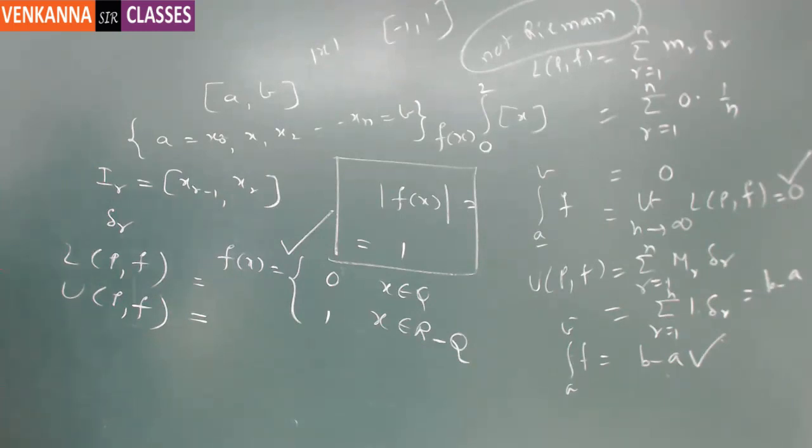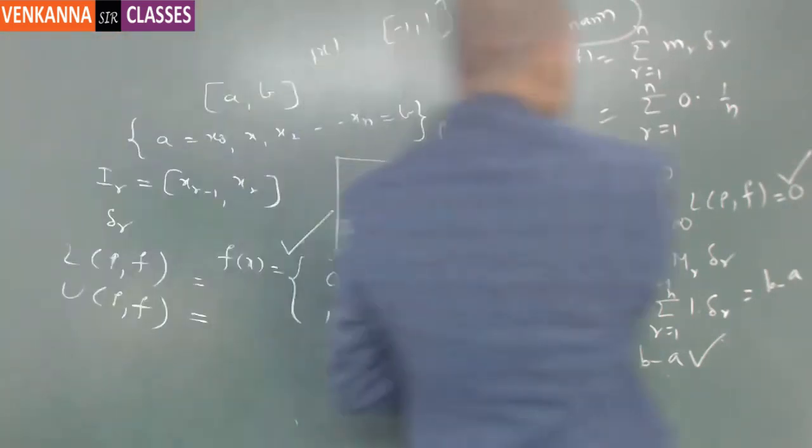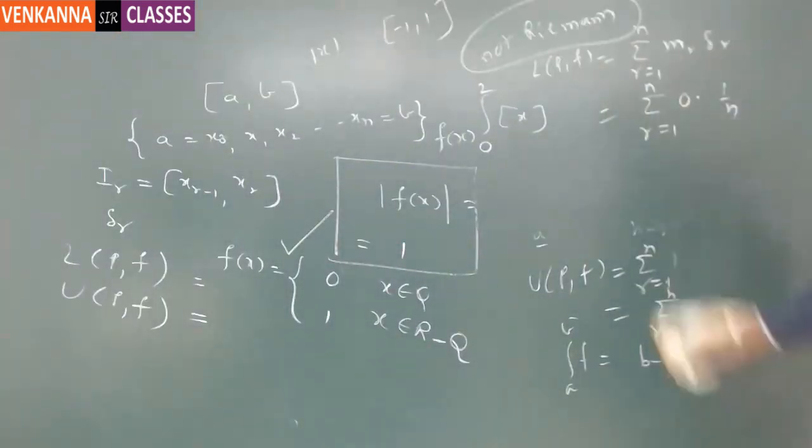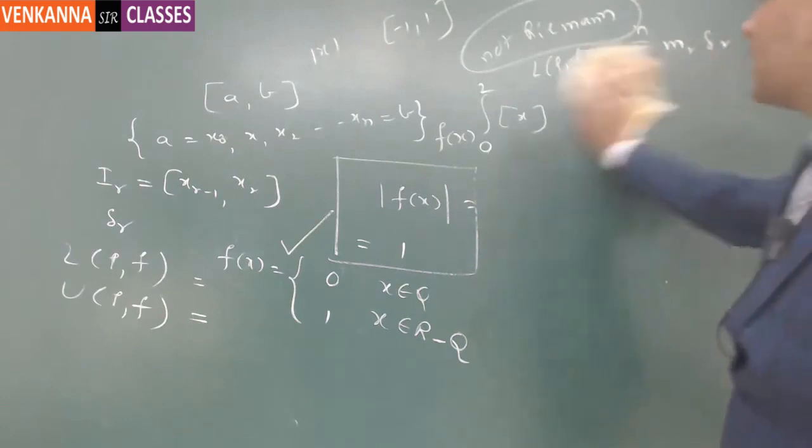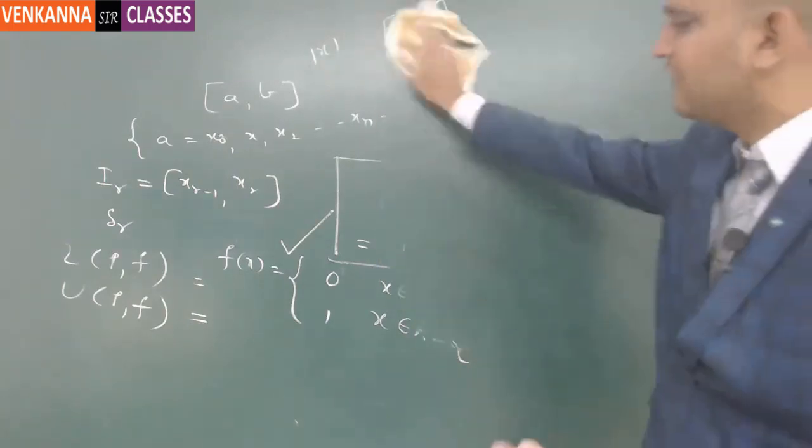That is taken for granted. Fine. If the modulus is a continuous function, then obviously it is Riemann integrable, because we have a well-known result that every continuous function is Riemann integrable. We cannot deviate from the theorem.